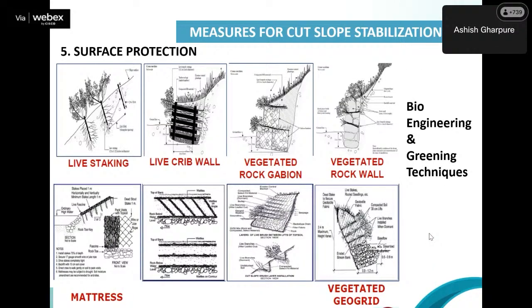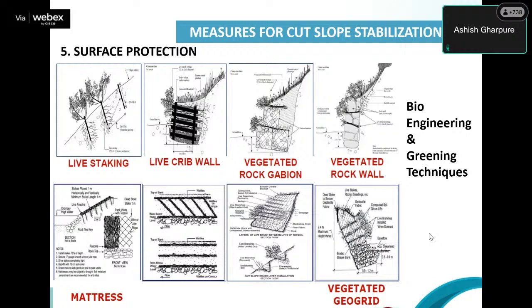Now coming to the fifth solution, which is surface protection. Since we have stabilized the slope, we also need stabilization of the surface. The best method still can be vegetation, and that helps in erosion control as well as reinforcing the soil. So it can be done plain, some purists believe that just plain vegetation can also help in slope stabilization. To some extent, that's true.